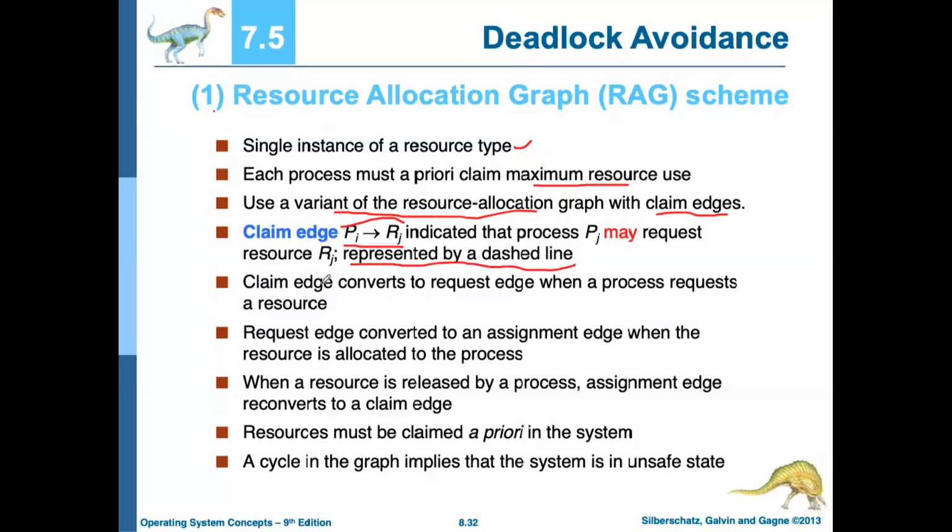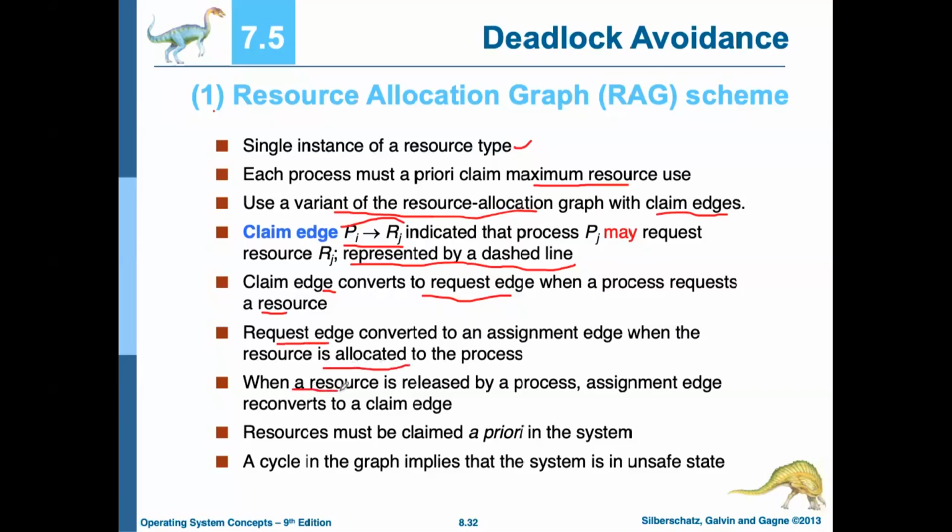So a claim edge converts to a request edge when a process requests a resource. That request edge is converted to an assignment edge when the resource is allocated to the process.